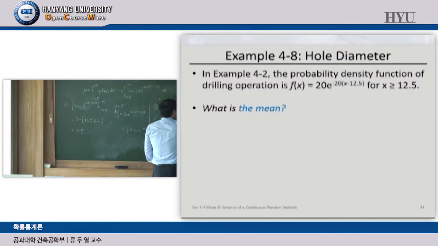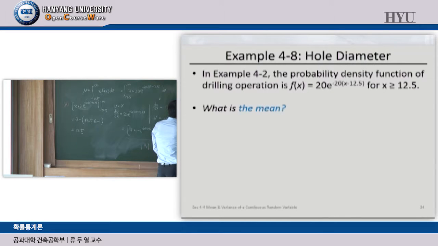And I'm going to explain about the part B here. This should be the minus integration from 12.5 to infinity of minus exponential minus 20 (x minus 12.5) dx, right? And this can be changed to plus, right?